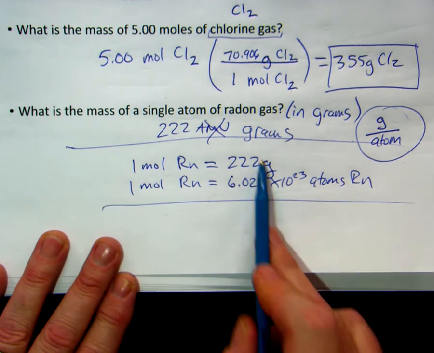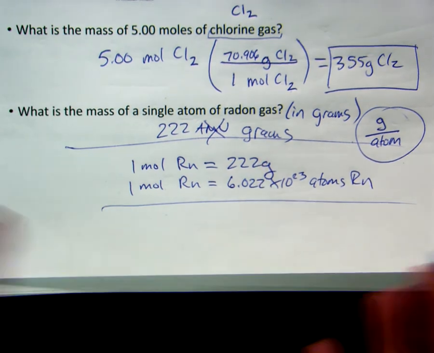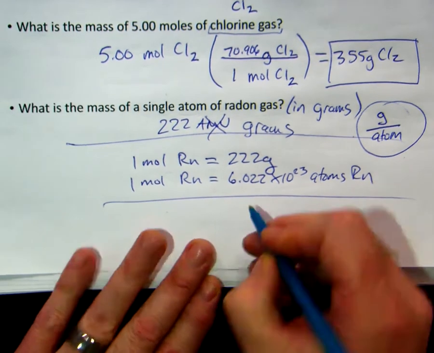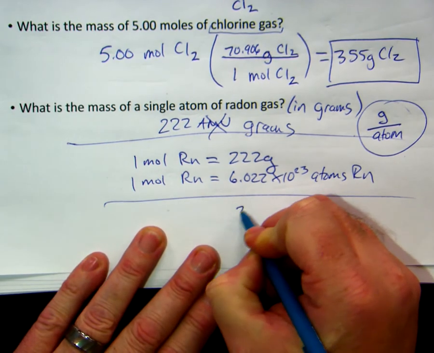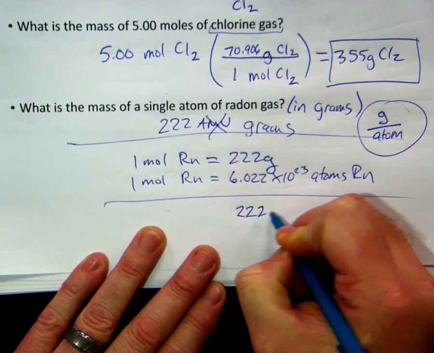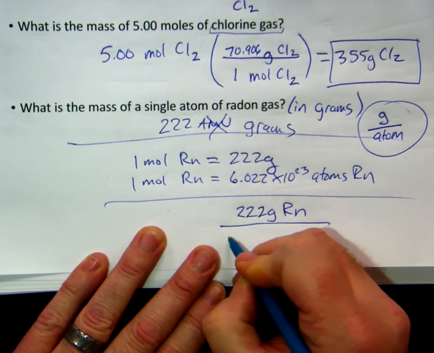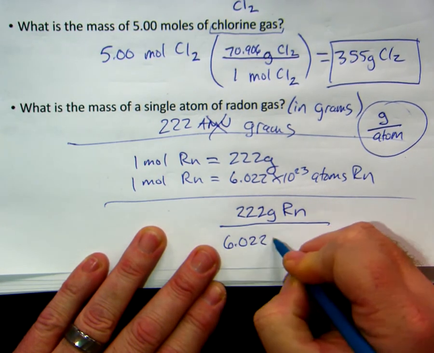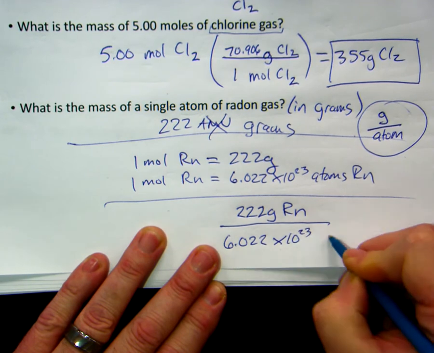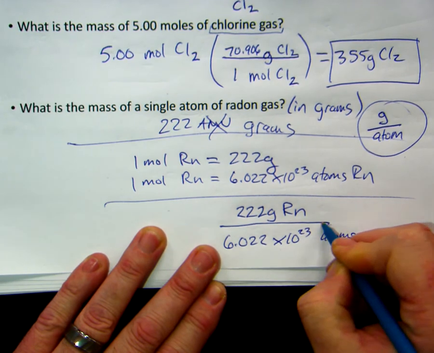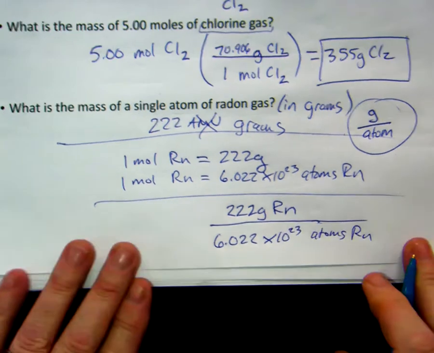So if these 2 quantities are the same, well, I can use them like a proof. So I have 222 grams of radon, and that same quantity will be 6.022 times 10 to the 23rd atoms of radon.